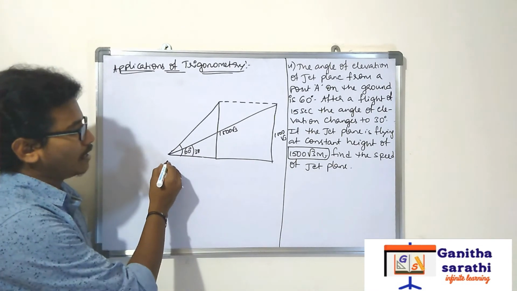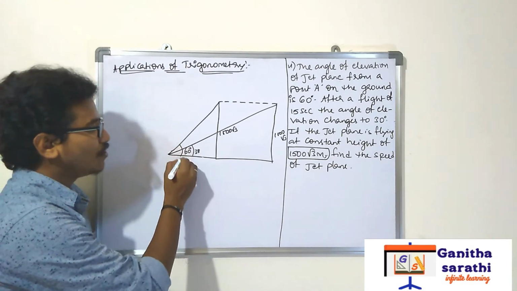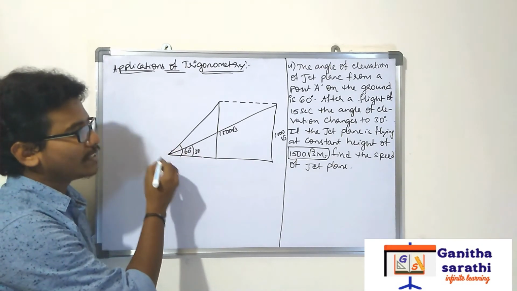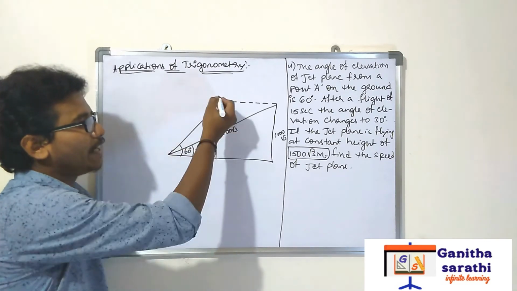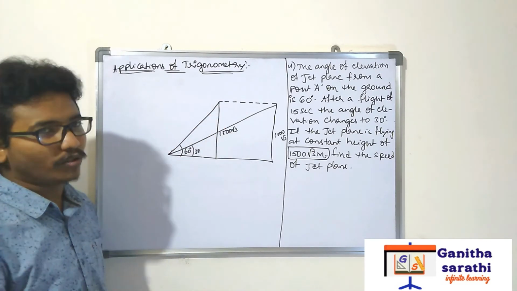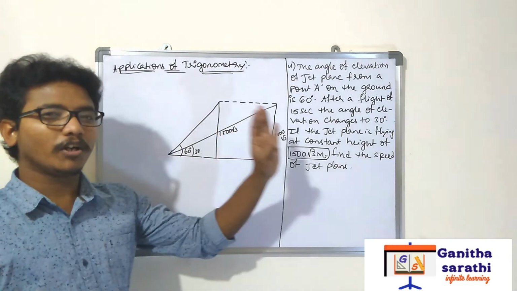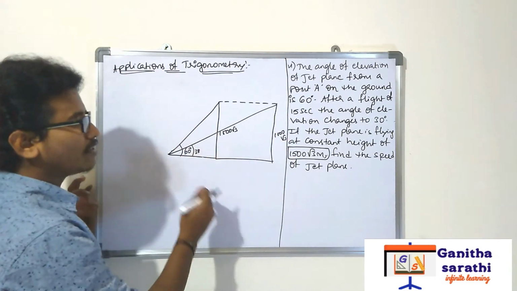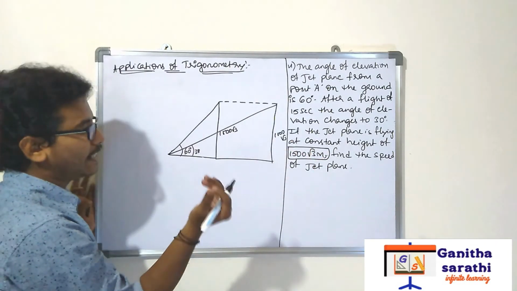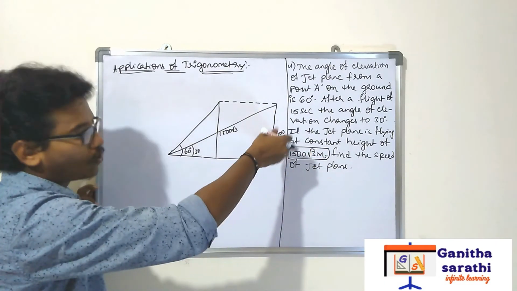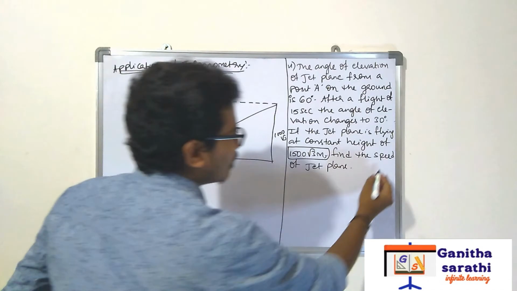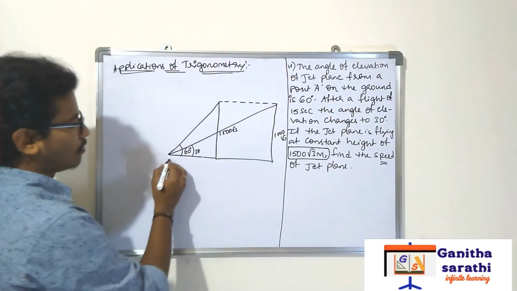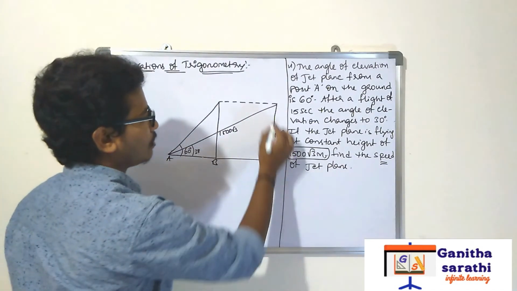Because if the distance increases, the angle decreases, right? But the height is constant. We should find the speed of the jet plane. So label this one.